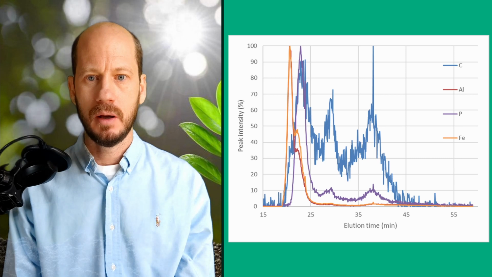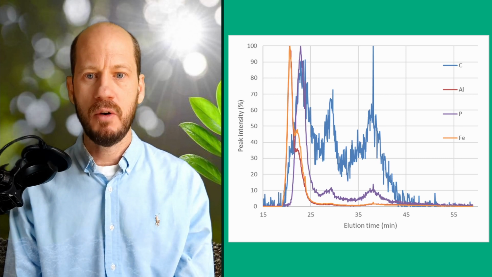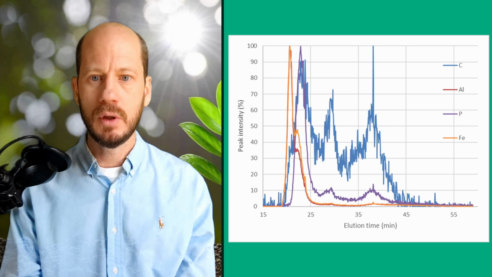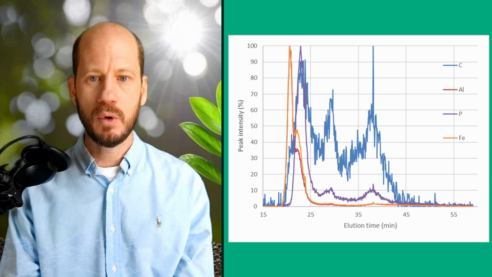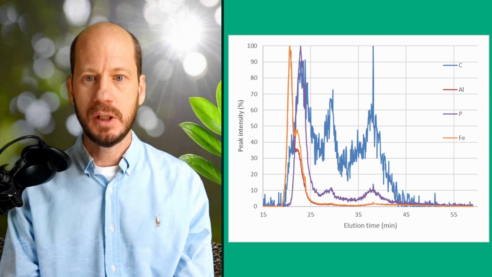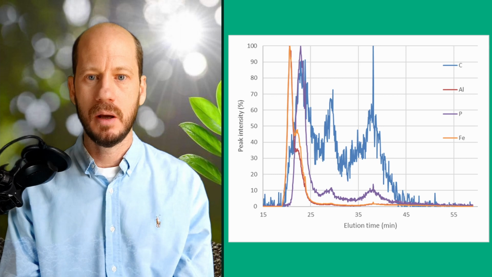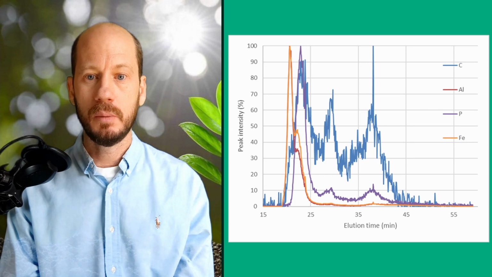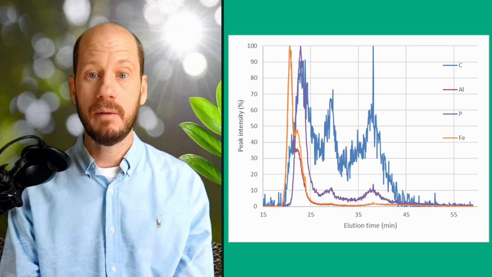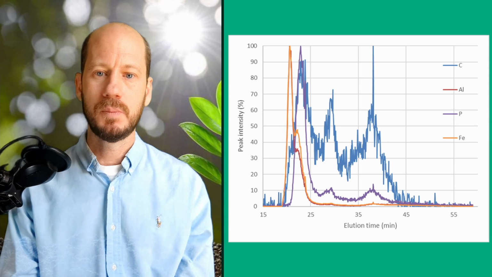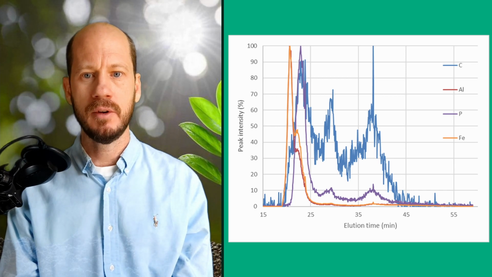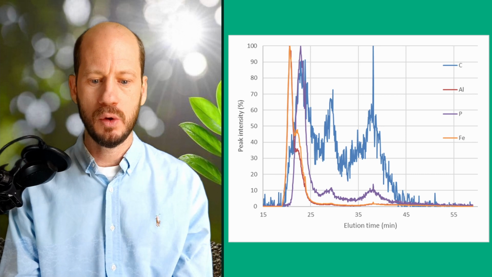For us, that is good evidence that the phosphorus we are observing, this nanoparticulate phosphorus a little bit below 20 nanometers, is organic phosphorus, actually. The response of iron and aluminum was similar to each other, and the response of carbon and phosphorus were related to each other. So this is what we're going to show now.